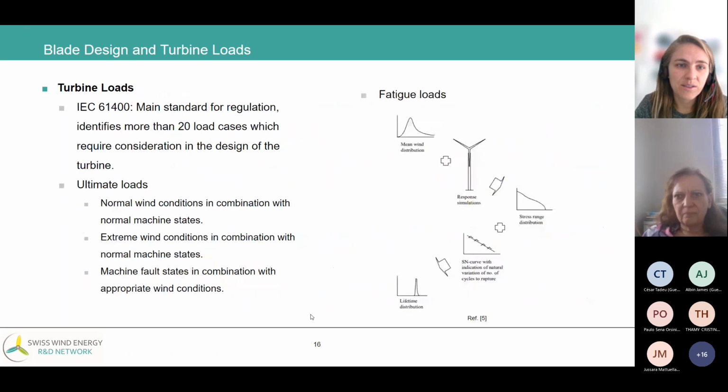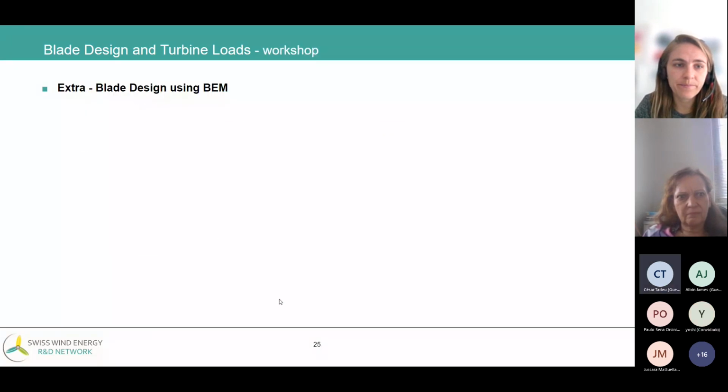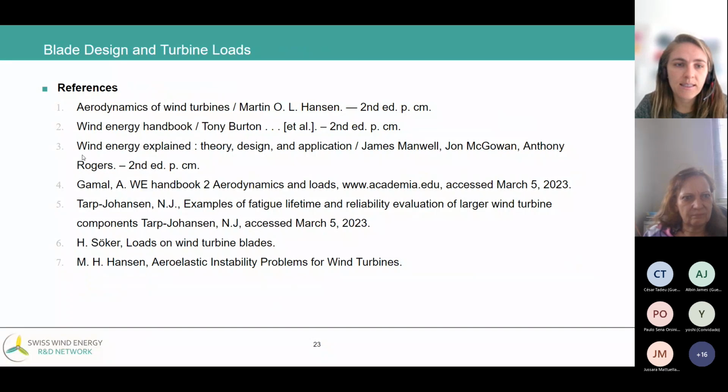Yeah, so reference number 3 is the Wind Energy Explained book, by James Manwell. For this presentation, I used mainly these first three books.